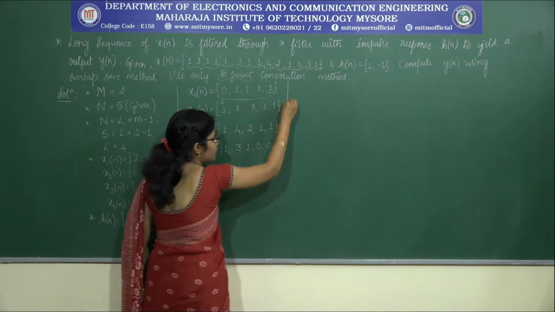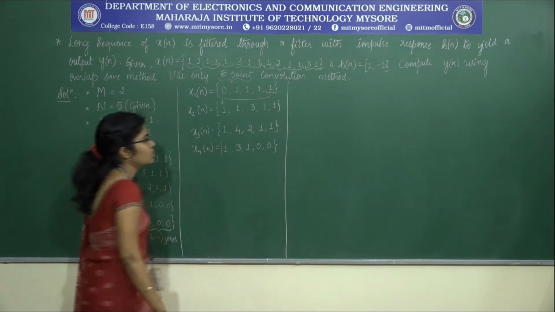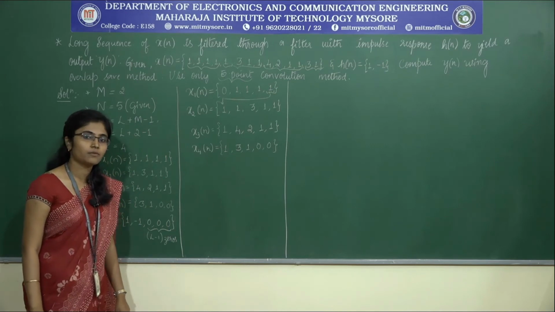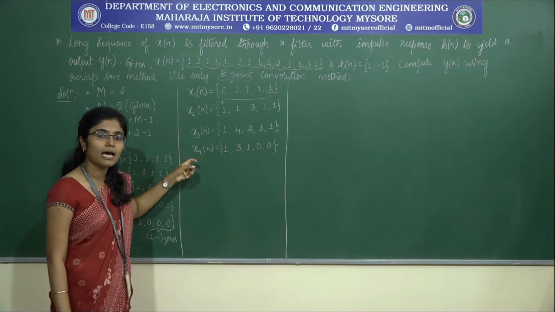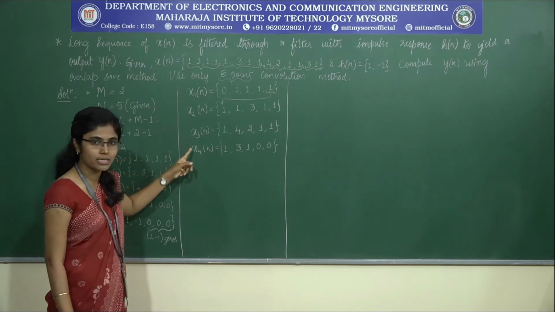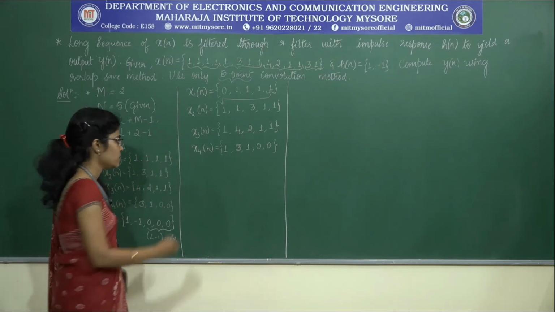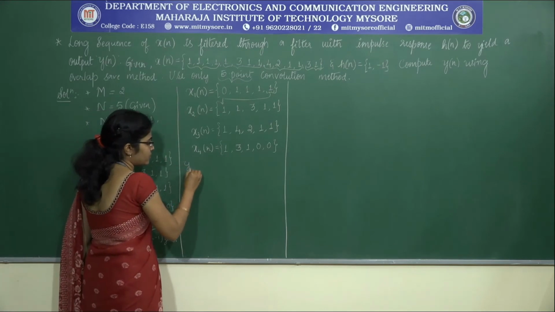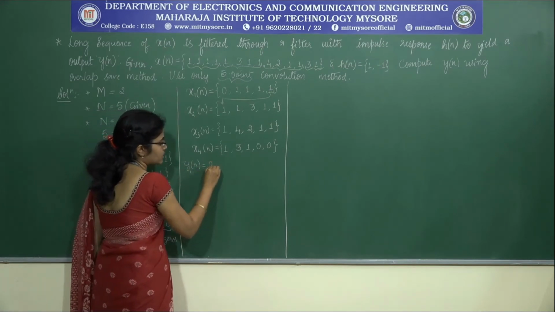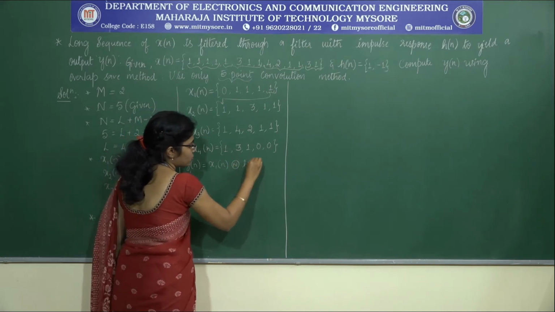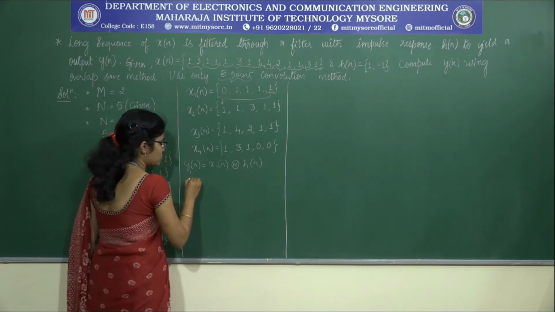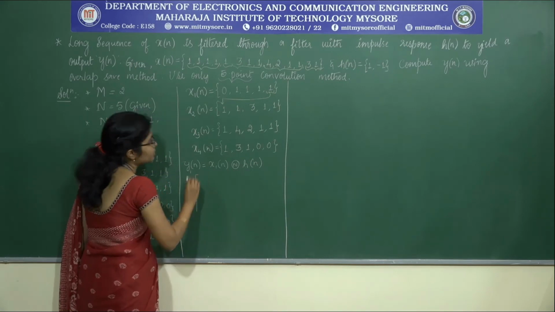Now we are ready with the subdivisions. Now I need to perform circular convolution and find y1 of n, y2 of n, y3 of n and y4 of n with the help of all these x values as well as h values. In order to find y1 of n, what is the formula? It is nothing but x1 of n circular convolution with h of n. What is x1 of n?